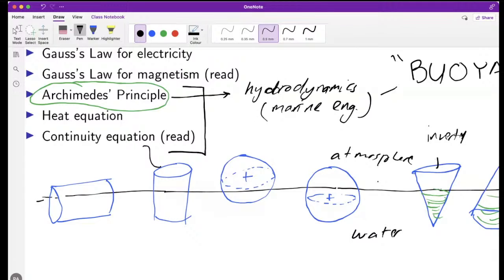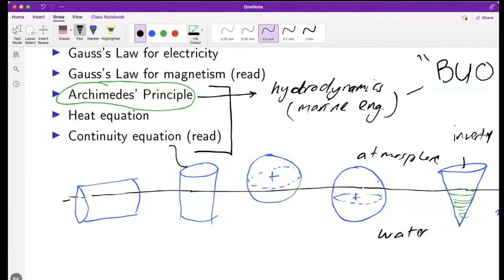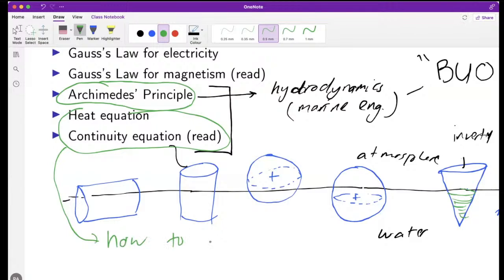When it comes to the other two, the heat equation and the continuity equation, I mainly expect you to know how the derivation goes, how to derive them.